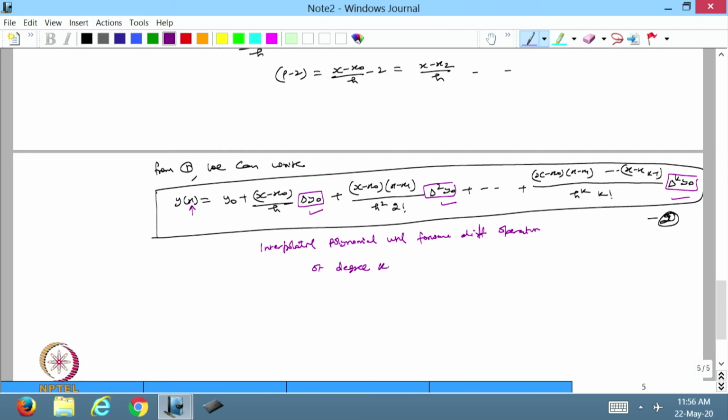So, maximum it will be k. So, its degree will be less than or equal to k.